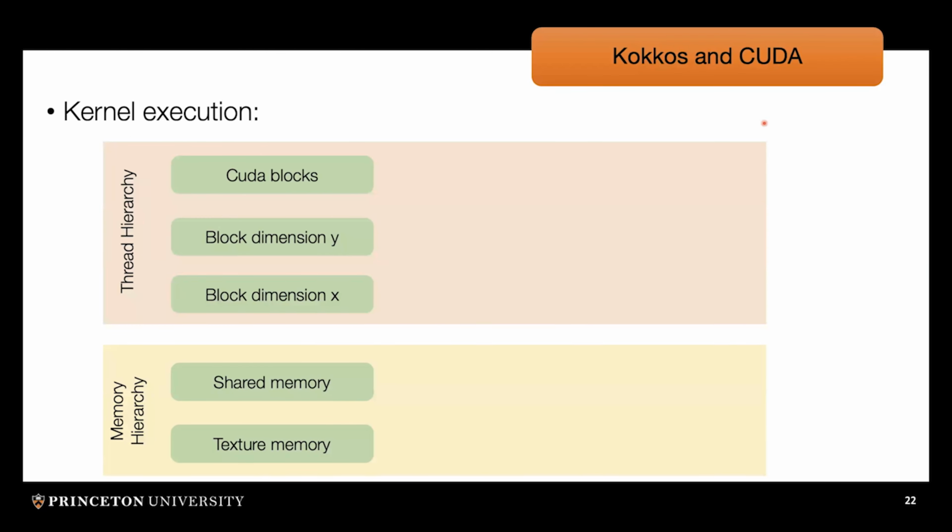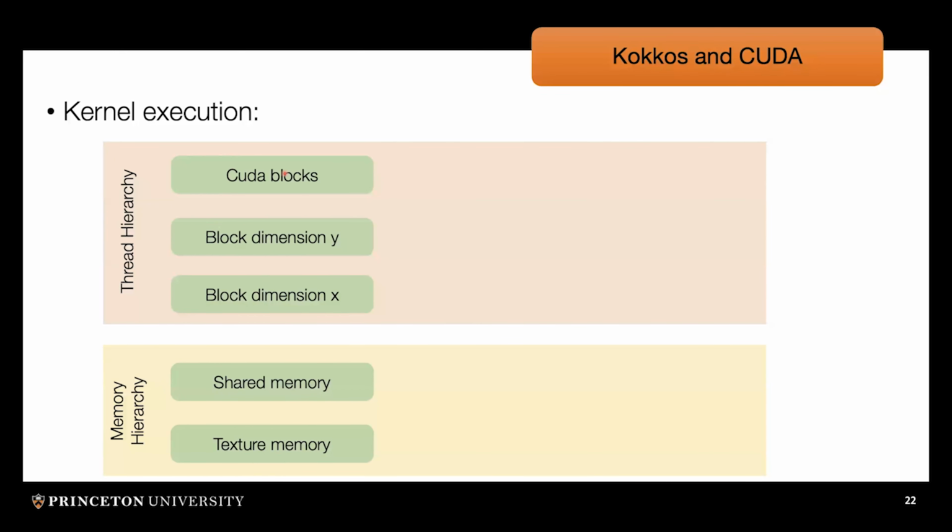If you think about how kernel execution works, CUDA gives you access to the CUDA thread hierarchy with the help of CUDA blocks and the block dimensions, that is in Y and X. It also gives you access to memory hierarchy, that is shared memory, which has really fast accesses compared to global memory, and texture memory, which has really fast accesses for random access.